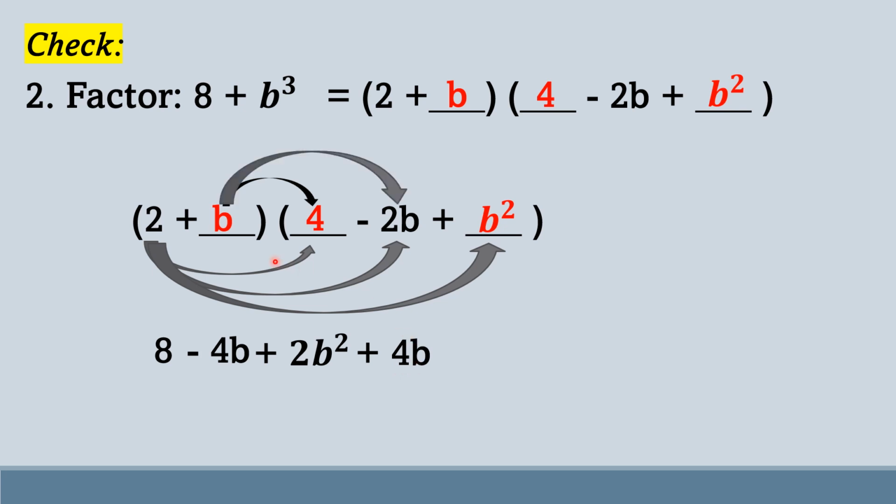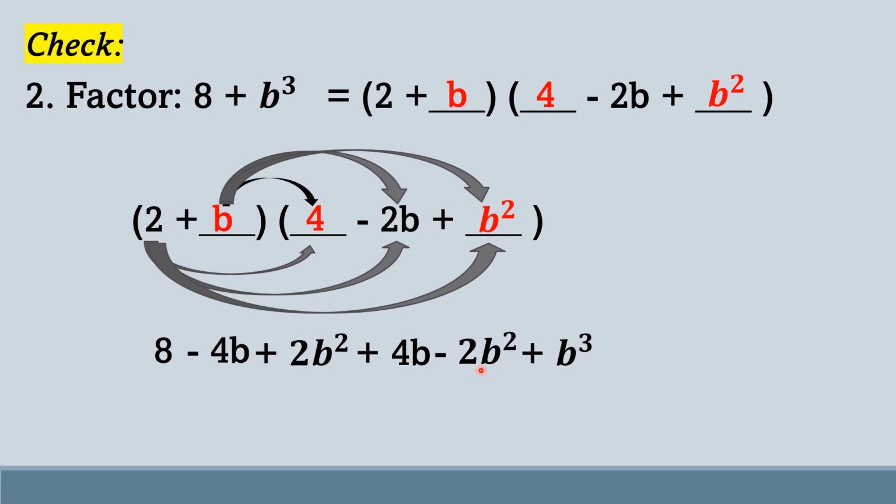Next, we have b times negative 2b, so that will give us negative 2b squared. And b times b squared will give us positive b cubed.